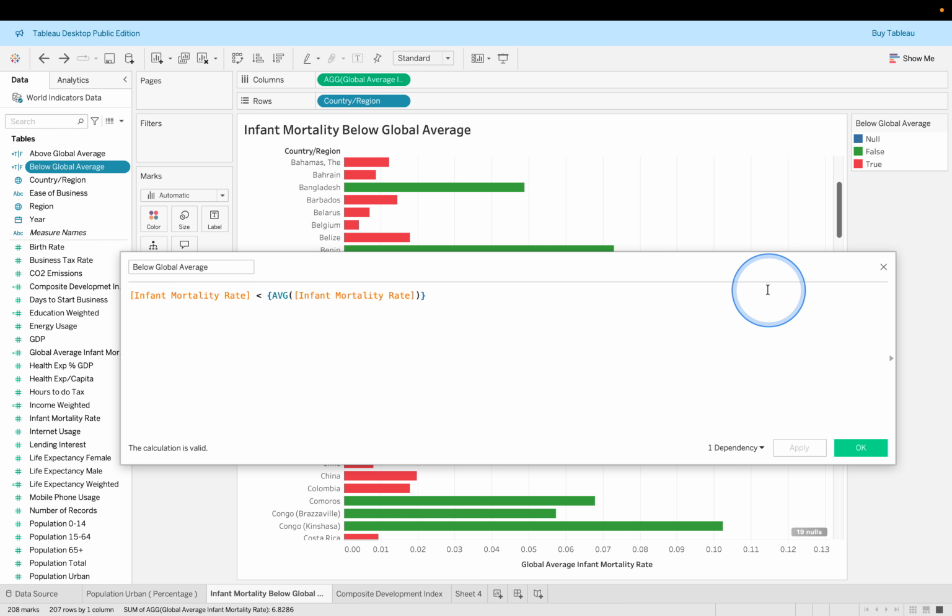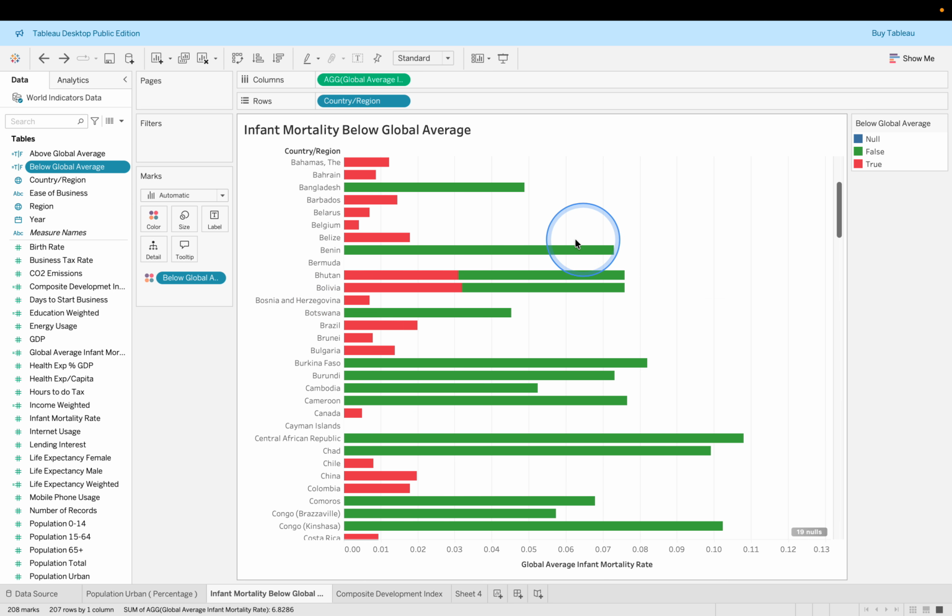We now use this on our color marks card, and those that are above the global infant mortality rate are put as false, and those that are truly below the global rate as true.